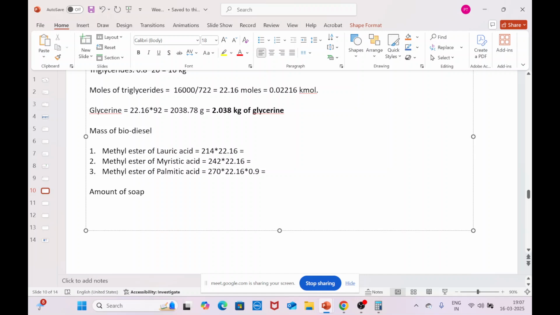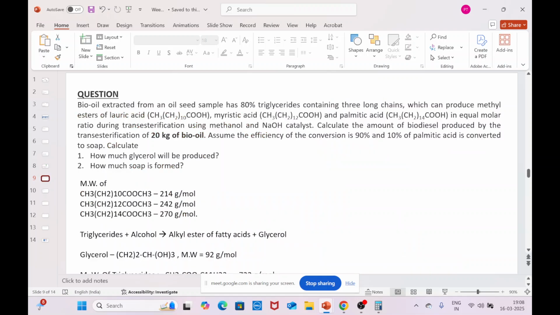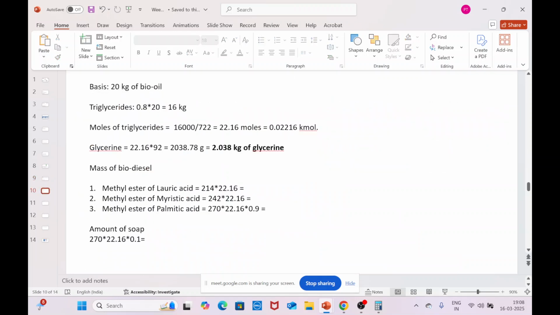So anyone? So that's all. Yeah. So 270 times 22.16 times 0.1, because it is given that the soap efficiency at which this palmitic acid is going to be converted to soap is 10 percent only.